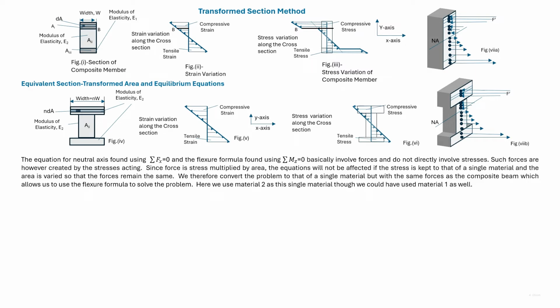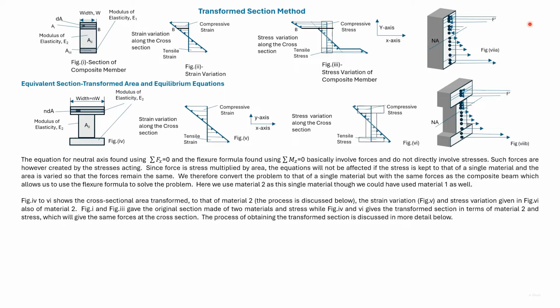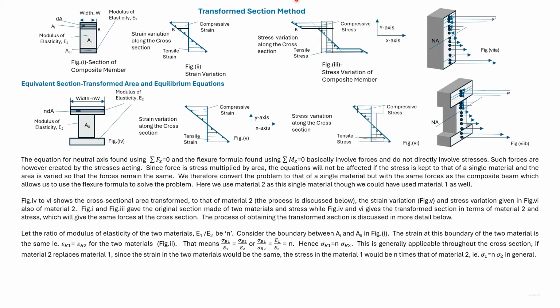Consider the fiber related to point P, which is in the junction of the two materials. The strain variation is given here. The strain of the two materials is the same at the point P. So we can say that epsilon B1 is equal to epsilon B2.